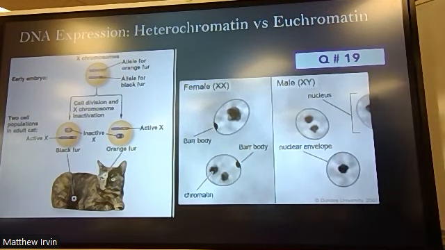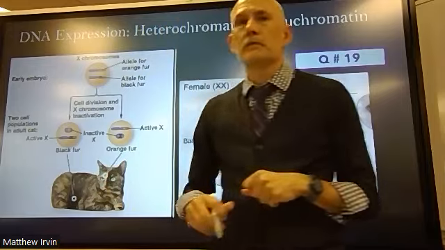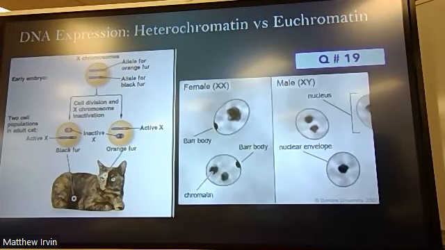So this is why you can have heterozygote conditions being expressed as if they are separate in a eukaryotic mammal that is female. That's why you have the brown and the orange fur, because of the bar bodies. You won't have that in males unless it is due to non-disjunction and you get an XXY male.